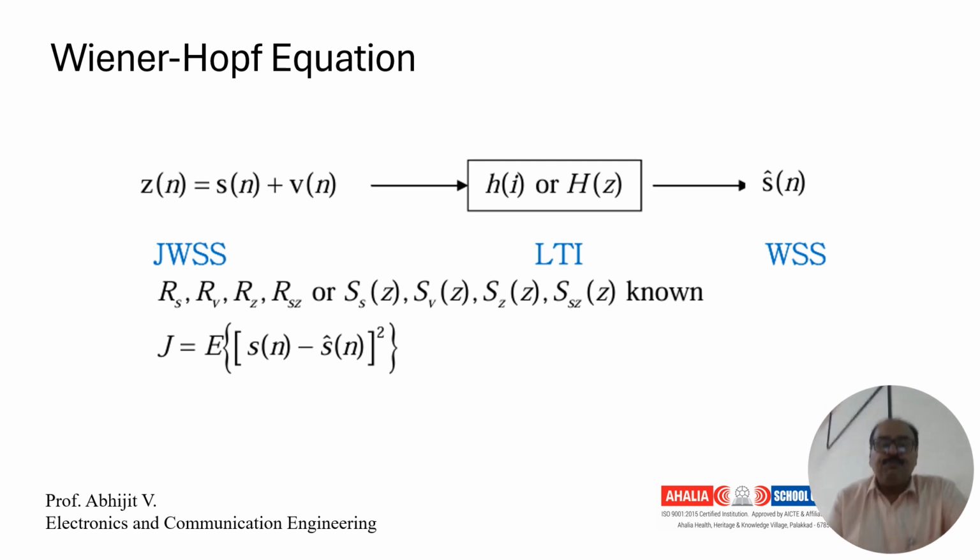So this is the equation here. You have a signal Zn, which is Sn plus Vn. Here you are having the predicted signal S tilde n. We have two processes.